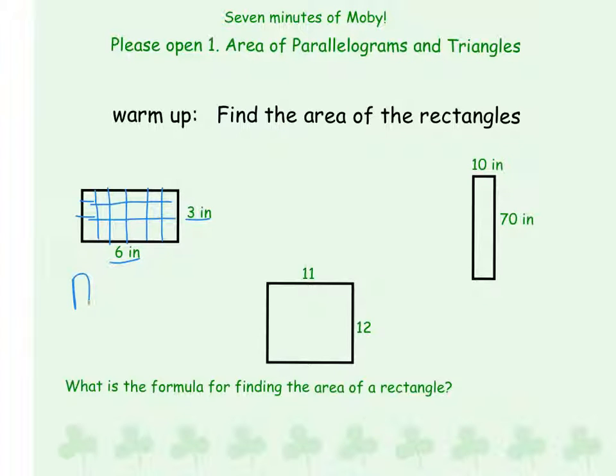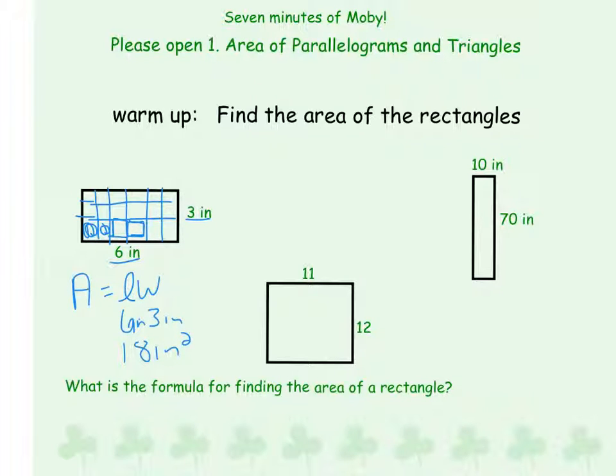So you get your area formula of length times width. So 6 times 3 is 18, and because it's 6 inches times 3 inches, inches times inches is inches squared. So area is always measured in these square units.